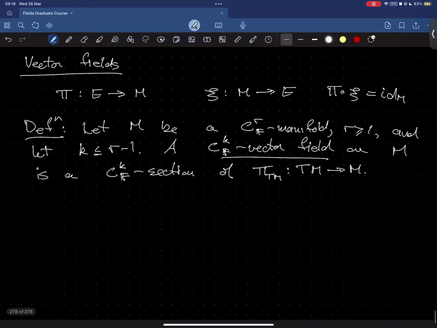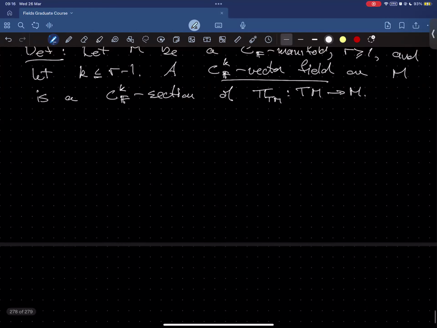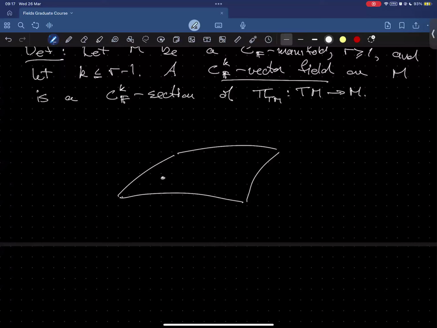And so, if we draw manifolds like this, a vector field assigns a tangent vector to each point, like that. So that's a nice geometric picture of what a tangent bundle is. But let's look at vector fields.